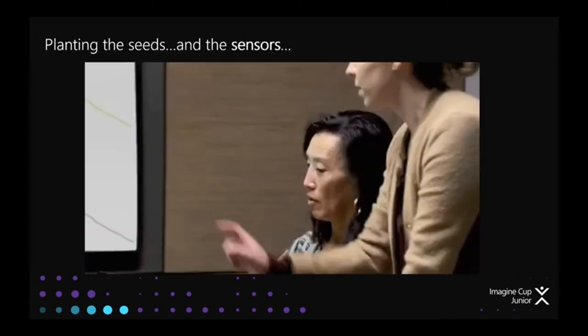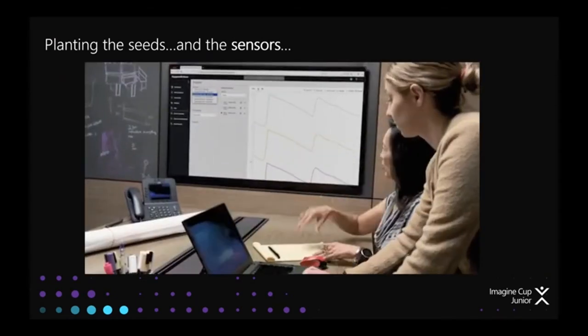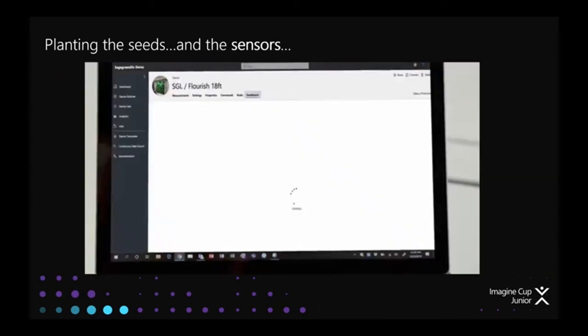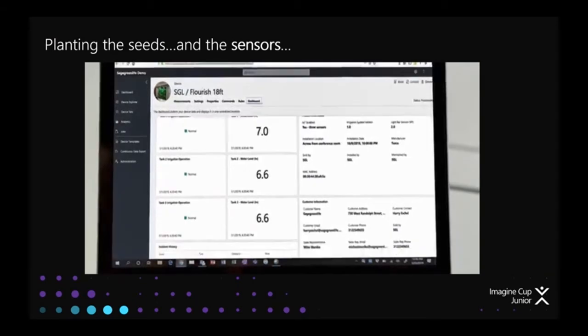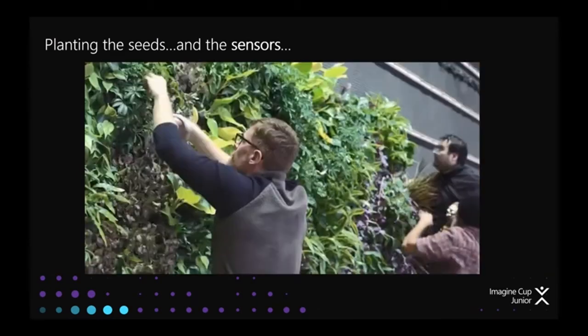And it took almost no training to be able to build a dashboard that watched our sensors and reported alerts. So on one dashboard, I have everything I need to know about how the wall is behaving. And if there's a problem, I know everything about the customer and how to go out and get it repaired.